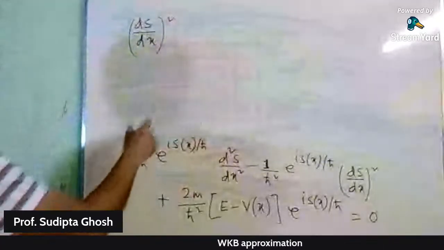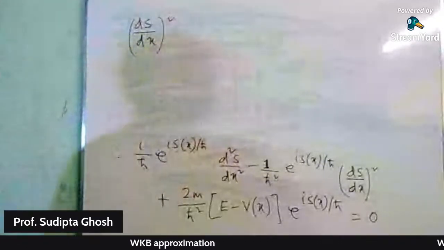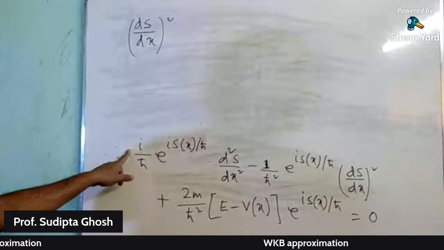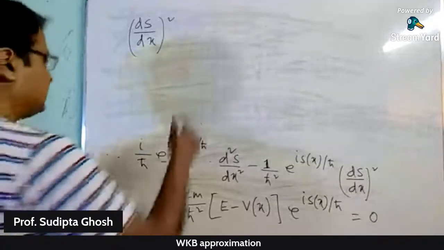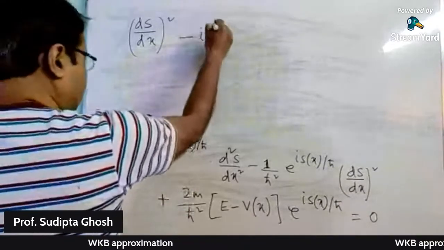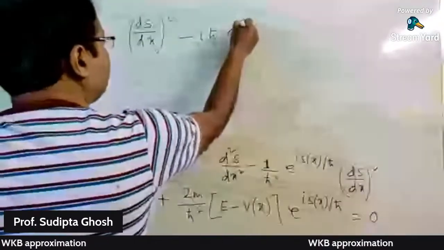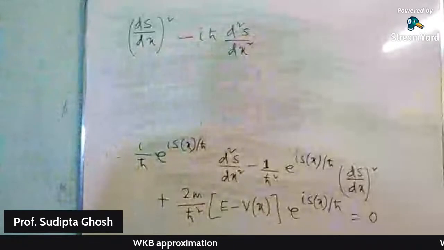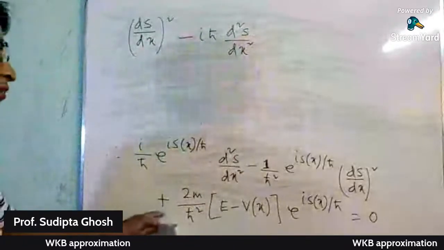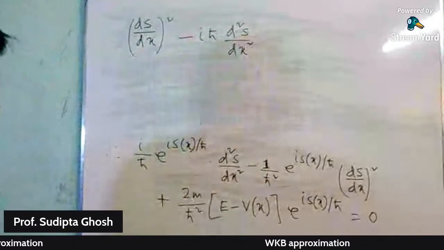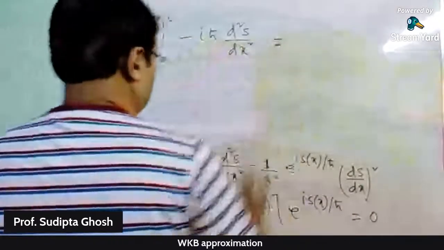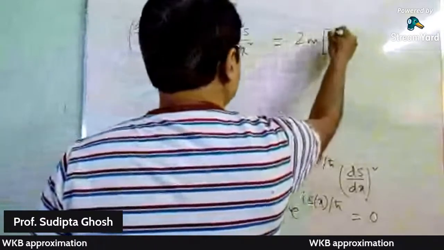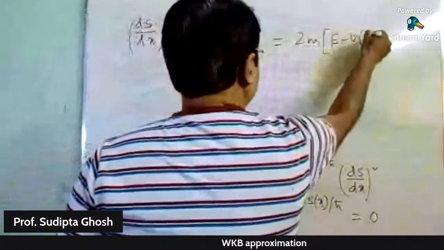Now as I am multiplying this with minus h cut square, it will give minus i h cut d2s dx2, and then here it will be minus twice m. So I can write it on the right hand side as plus twice m E minus V(x).